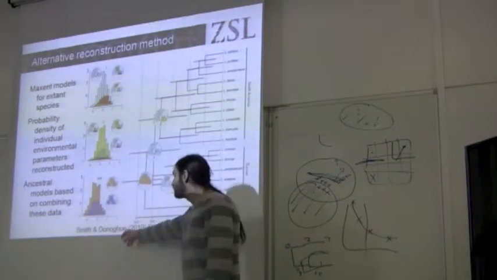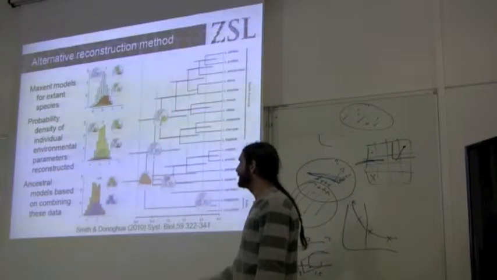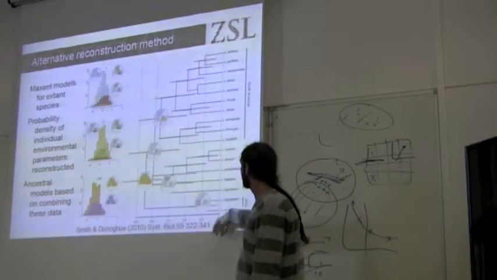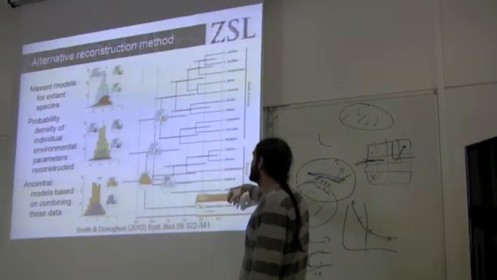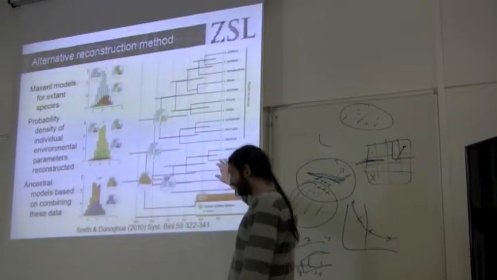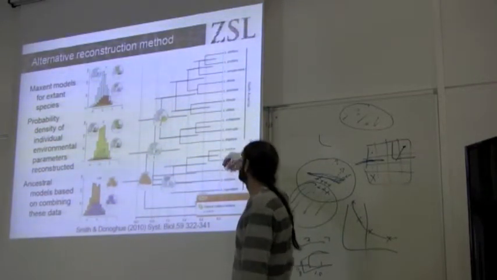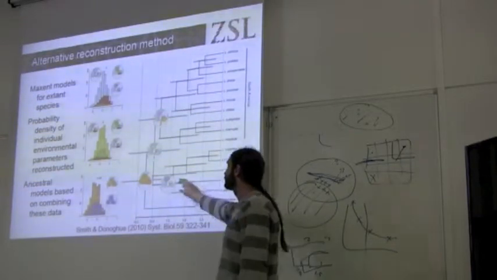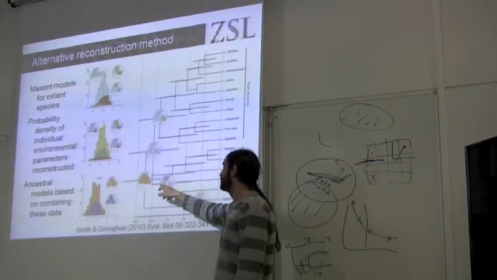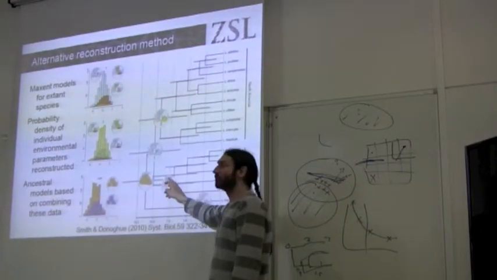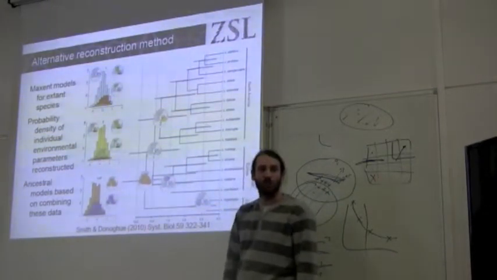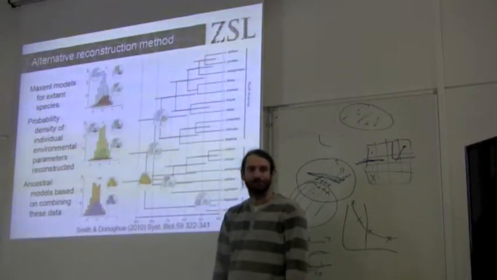Smith and Donoghue, 2010, did something with this a couple of years earlier. They reconstructed the ancestral niche for these species, projected them into paleoclimate reconstructions for different time periods, and used it to estimate potential ancestral areas to answer questions about biogeography.